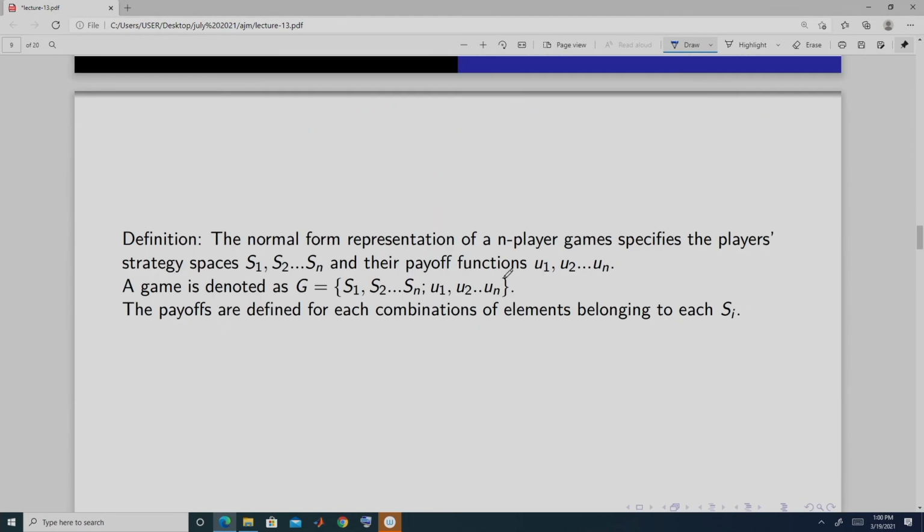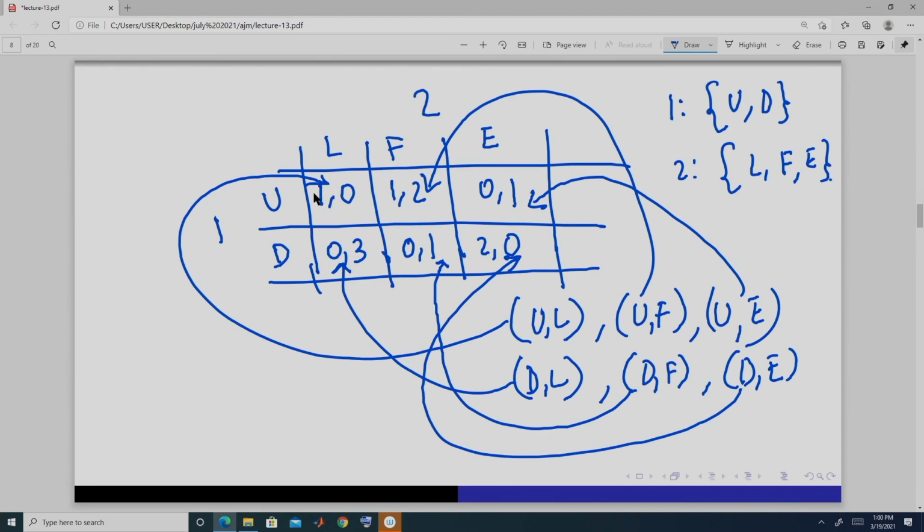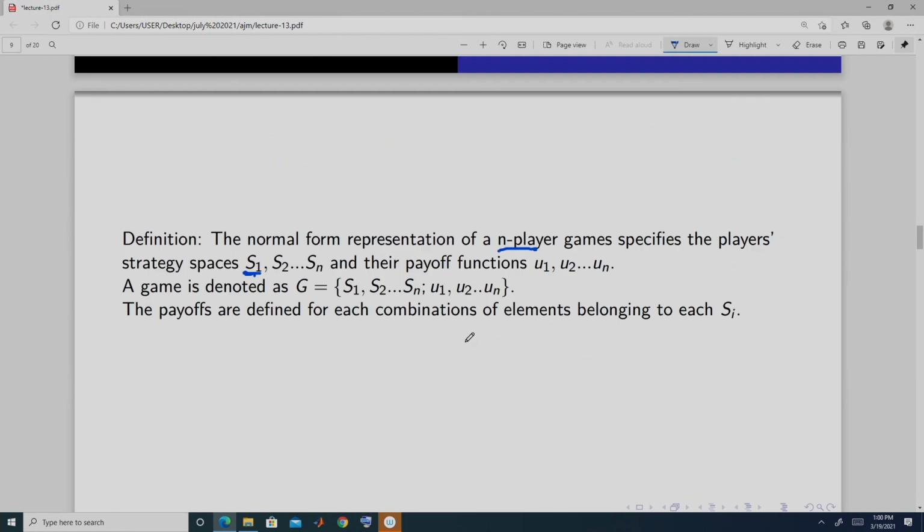Okay. So, we define in a compact form the normal form game in this way: suppose there are n players and each player has a strategy space like this. This is capital S1 for player 1, capital S2 for player 2, and like this for player n it is Sn. They have a payoff function which gives you the amount you get when there is a specific combination of outcomes like this.